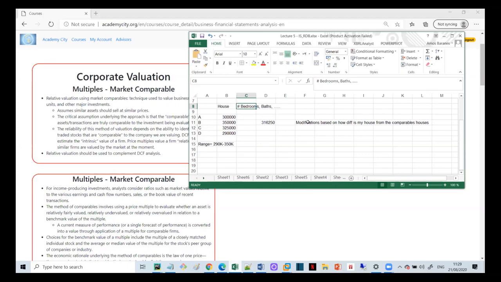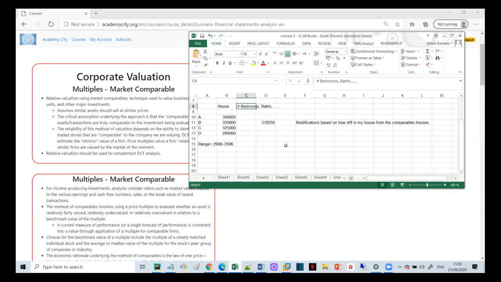It's called relative because it's relative to comparable companies. Now, this is really a reflection of what other houses are being sold for today. If the economy goes down next month or half a year later, my house might also go down. So this is really different from the second method I mentioned, or in fact, I should call it the first method.